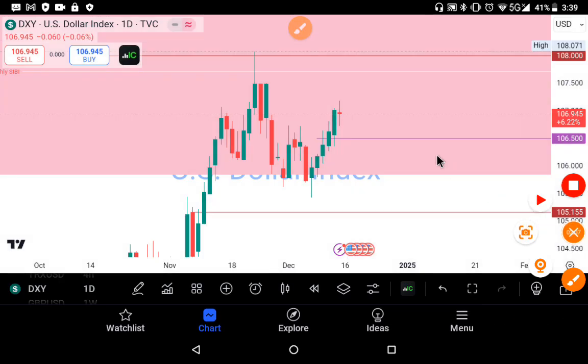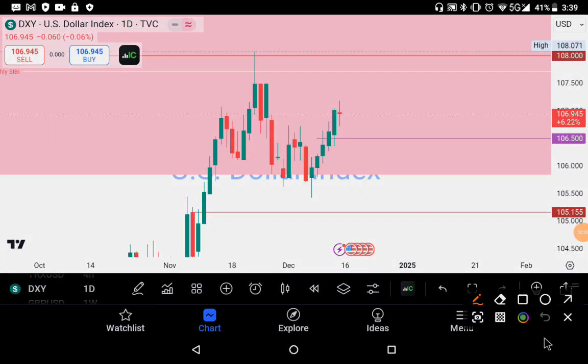What I was interested in was the market price staying below 106,500. Now 106,500 has been crossed to the other side. So what I'll be watching the coming week: that does not mean I'm ready to be bullish on dollar index. What I need is the market price giving me more information.